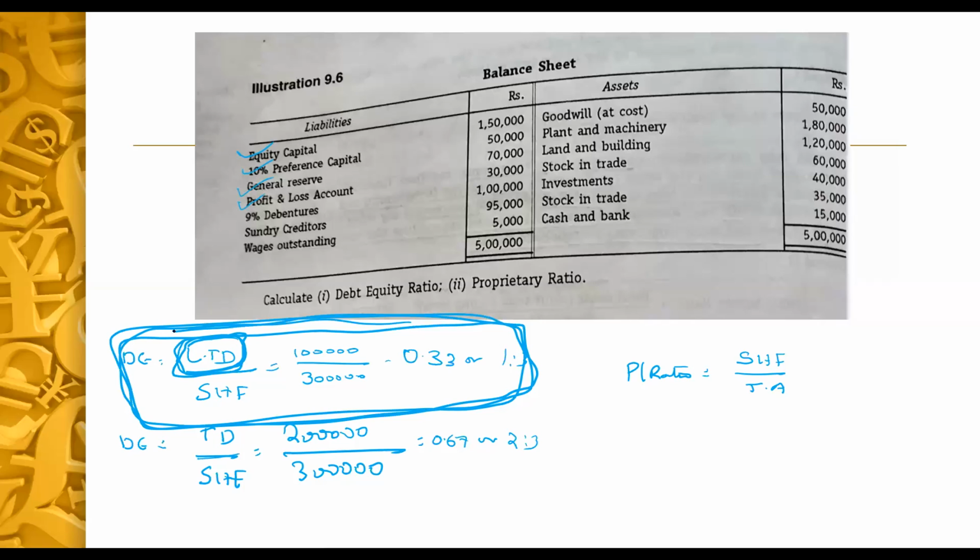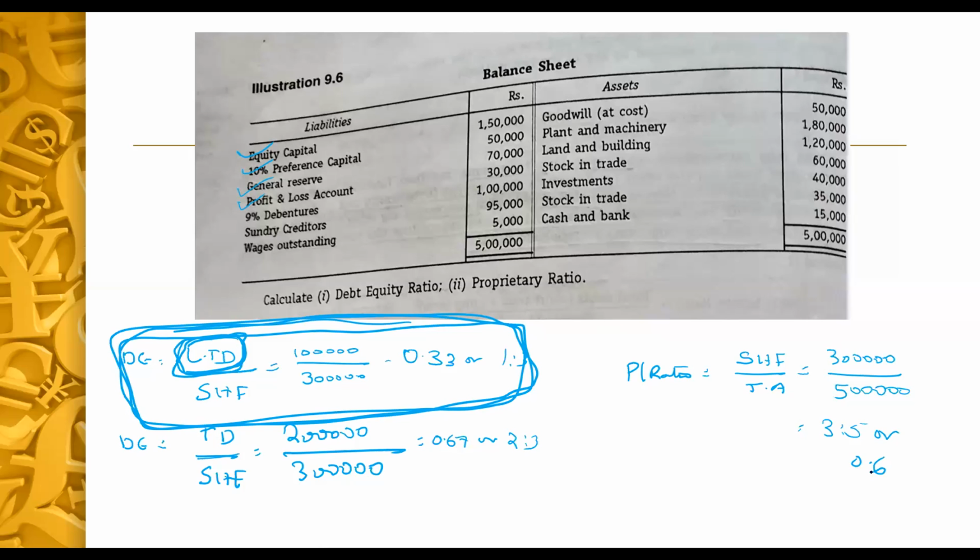Now we'll move to compute the proprietary ratio: shareholders fund by total assets. Shareholders fund is equity share capital plus preference share capital, which we have already calculated as 3 lakh. Total assets means fixed plus current assets, 5 lakh, from the asset side of the balance sheet. 3 by 5 is 0.6.